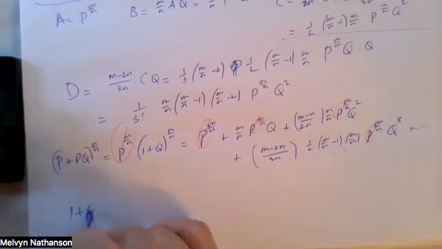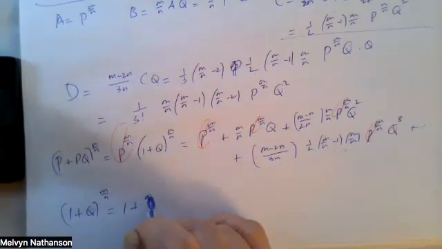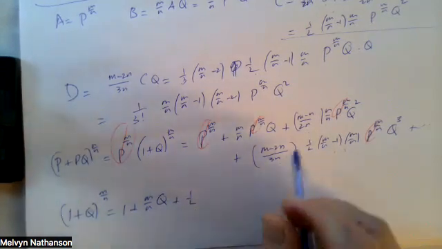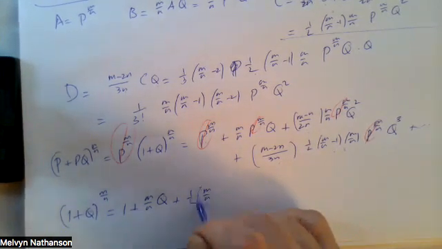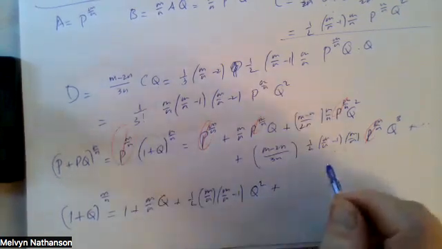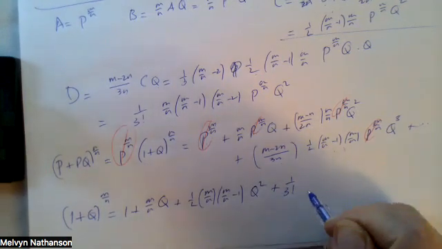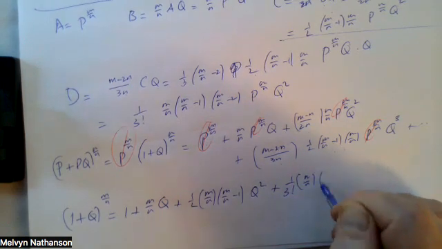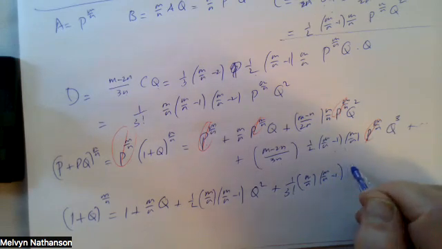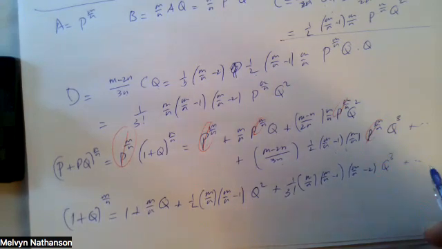I get (1 + Q)^(m/n) equals 1 + (m/n)Q plus 1/2 (m/n)(m/n - 1) Q squared, plus this is 1/2 times 1/3, I calculated that here, 1 over 3 factorial, (m/n)(m/n - 1)(m/n - 2) Q cubed, and so on.